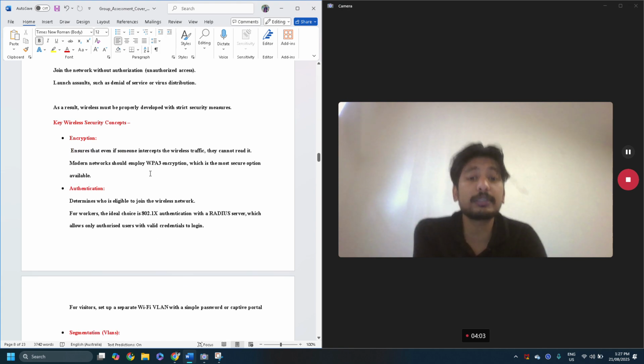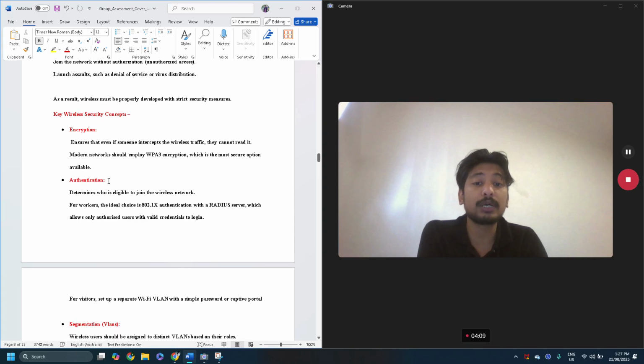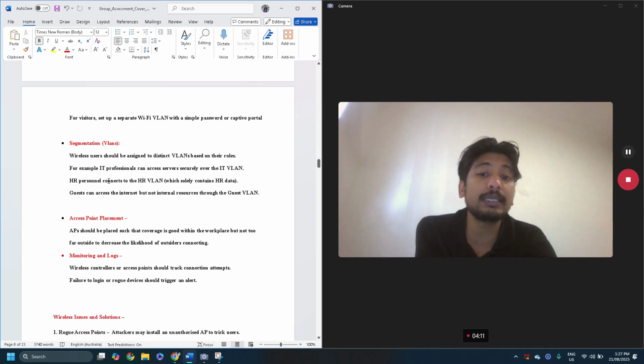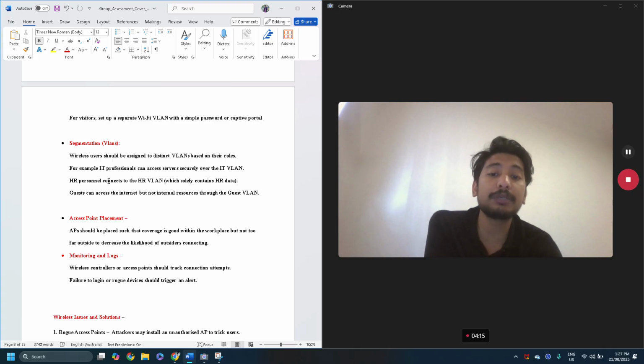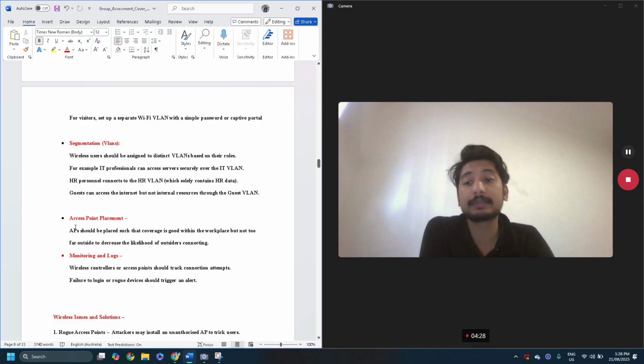The main concern was that they wanted Wi-Fi but were worried about security. So my solution was to use WPA3 encryption for the strongest protection, use 802.1X authentication with RADIUS for employees, set up a guest VLAN for visitors with internet-only access, and monitor and detect rogue APs.